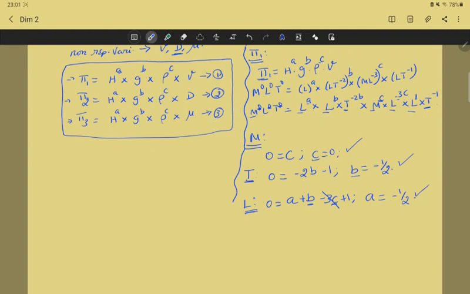All that I have to do now is substitute these values of a, b and c in the pi 1 equation, which is equation 1.